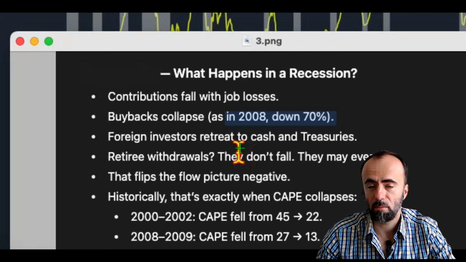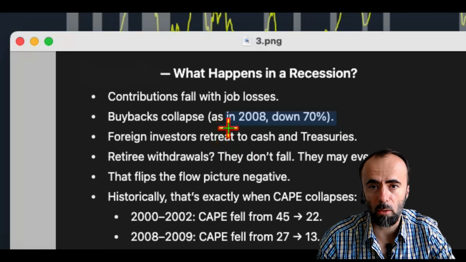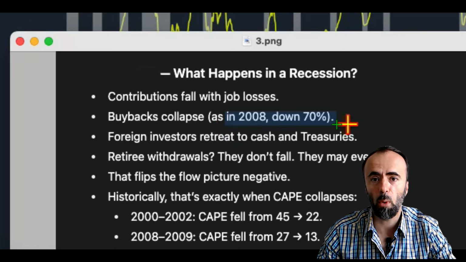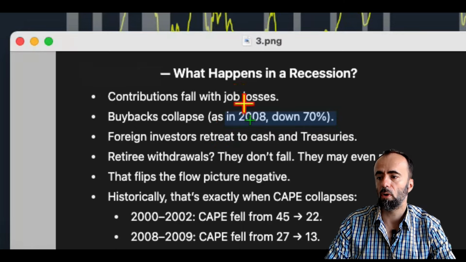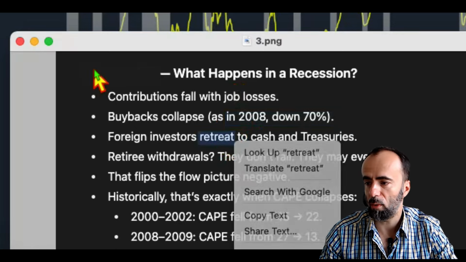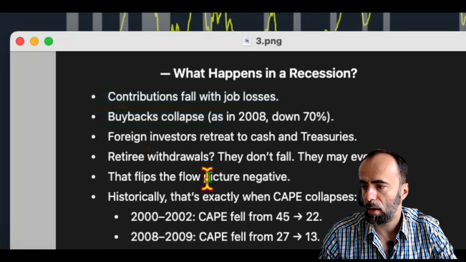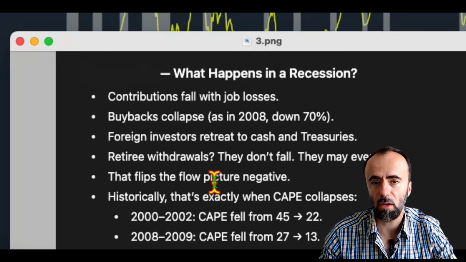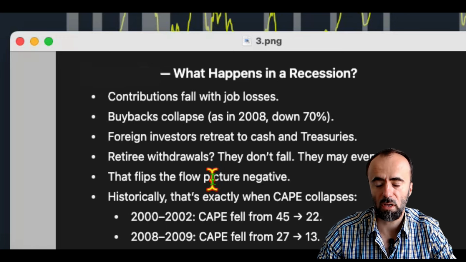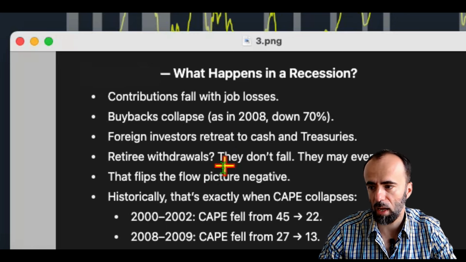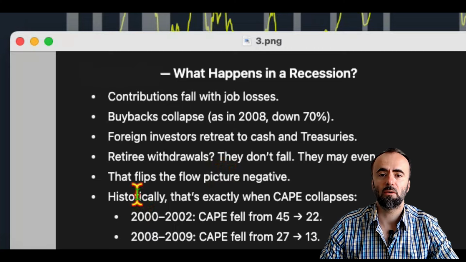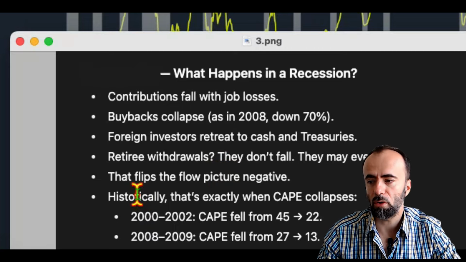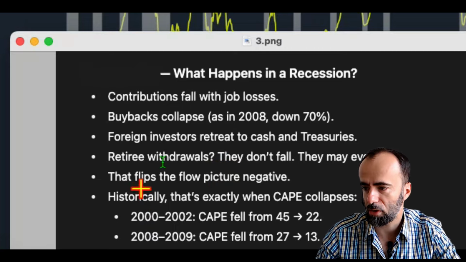Foreign investors go to cash and treasuries. So bonds go up in value while stocks go down. And retirees withdraw more and more because they see that their retirement money is disappearing. So they panic and start taking out as much as they can. And all of this flips the picture in a totally negative direction.